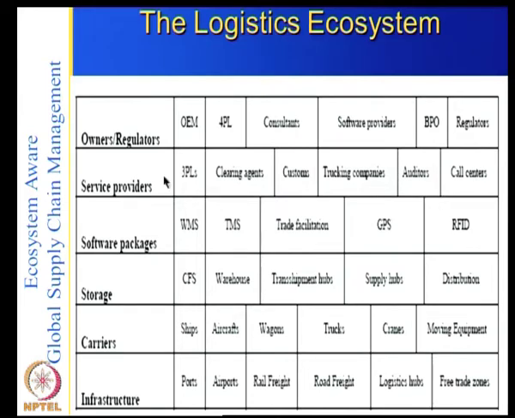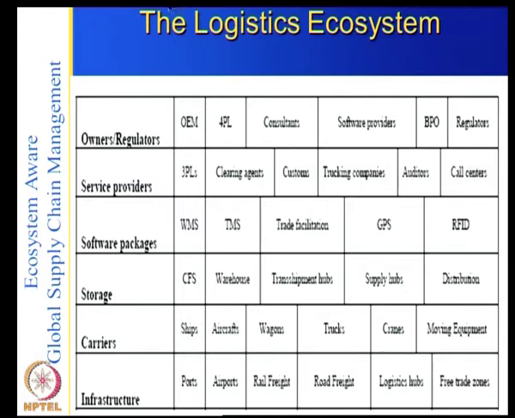Now, who are the ones who are the bosses here? That is the OEMs, the 4PLs, consultants, software providers, BPO providers, and also the regulators. So, in other words, this diagram shows that there are 6 layers of players.